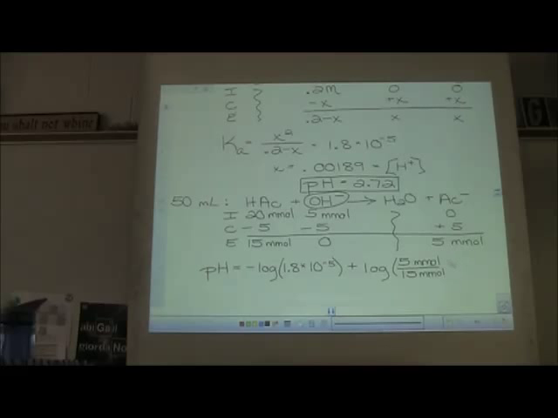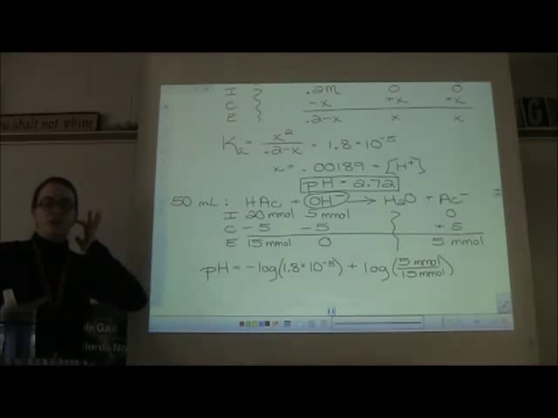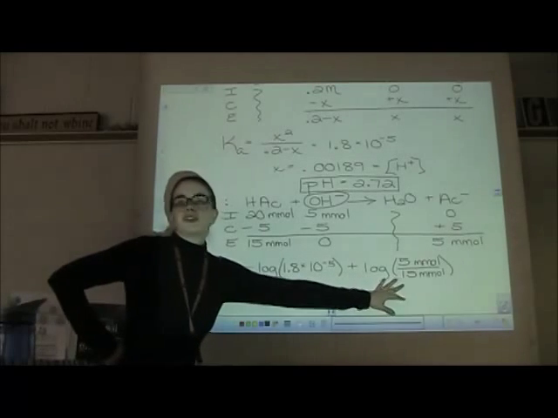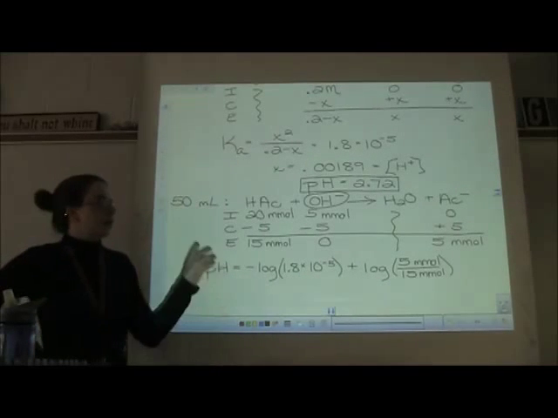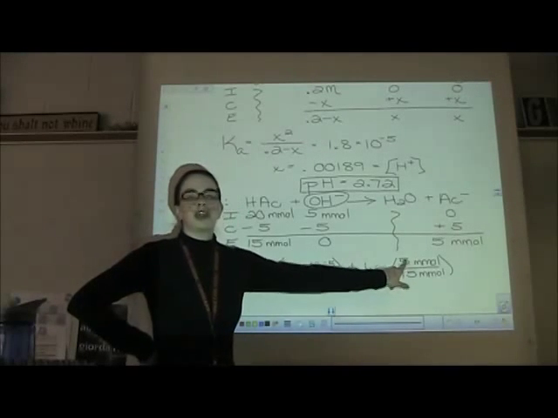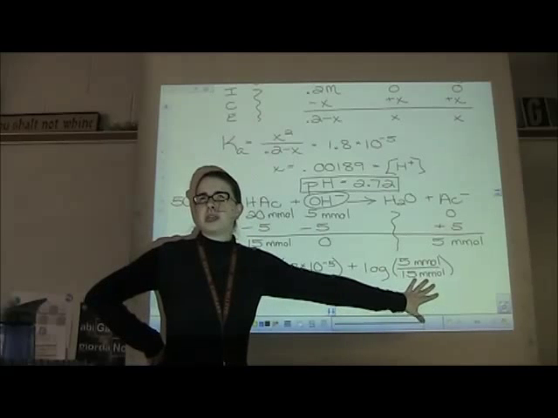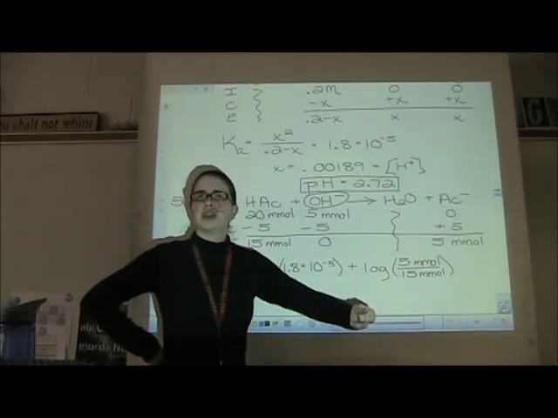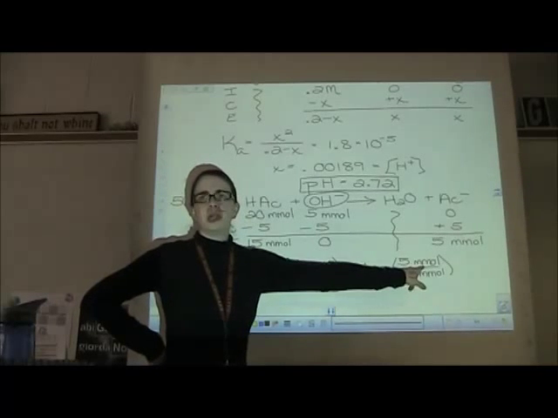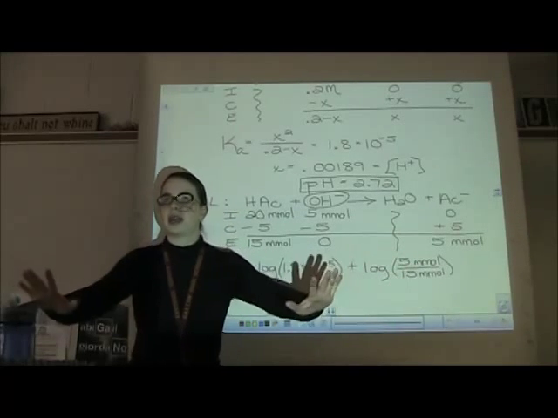Now, let me say something to you before you start doing number crunching. When we first started using this Henderson-Hasselbalch equation, if you look on your equation sheet, this ratio right here has brackets around the top and the bottom. What do brackets mean? Molarity. Those aren't molarities. It's okay, because think about it.